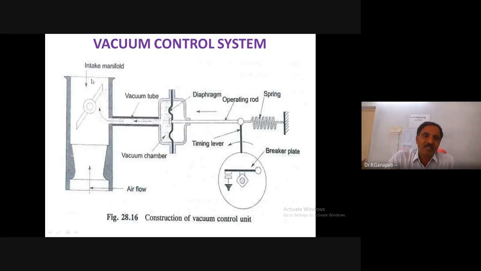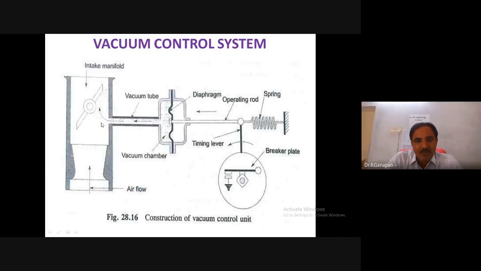When the air is moving, initially there is a vacuum. Due to the vacuum, the air will be moving through the vacuum tube from the vacuum chamber. So at the time what will happen? Observe the direction of the arrow mark, the flow of the vacuum air in the intake manifold.